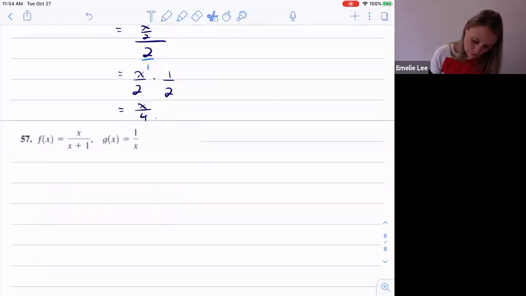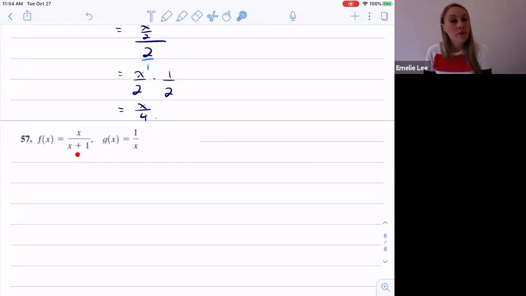Let's talk about, even though we're not dealing with the domain, right? The domain of f of x is x can't be -1. If x is -1, I have -1 plus 1 makes 0. I'm dividing by 0, not allowed. So x can't be -1, and in g of x, x can't be 0, right?